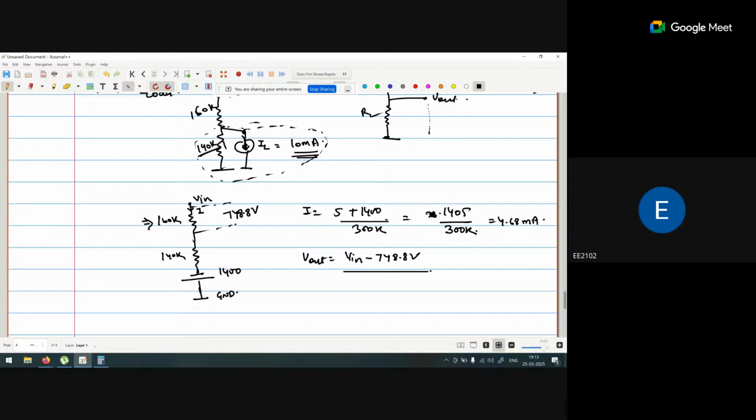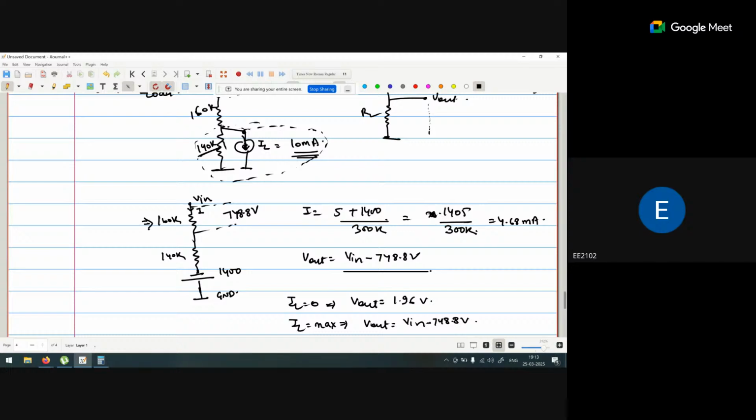Now, initially, what is the output voltage? When IL is 0, V out is 1.96. Now if IL is maximum, we get V out equal to V in minus 748.